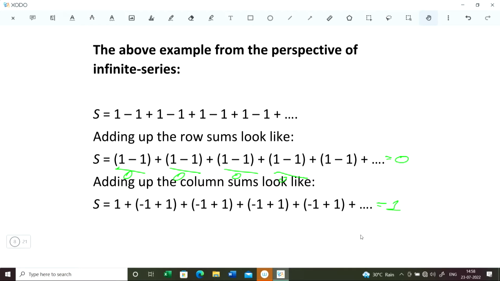Because even if we remove the first one, we can find a -1 following that and then we can find a 1 following that. Again we can find a -1 following that and a 1 following that. Can I do that infinitely many times? Yeah, we can do so. Thank you, sir.